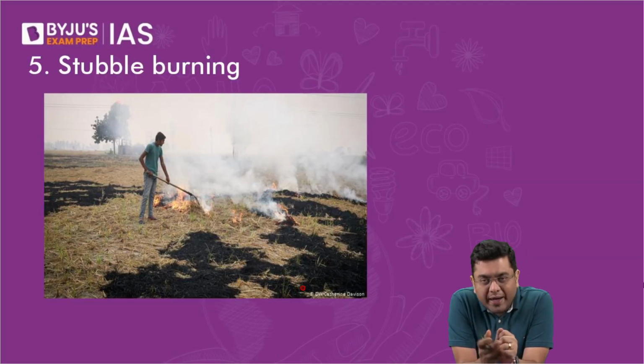So when you harvest the paddy crop, you have few of the outcrops which get left behind, right? Those outcrops which get left behind, they are known as stubble, right?